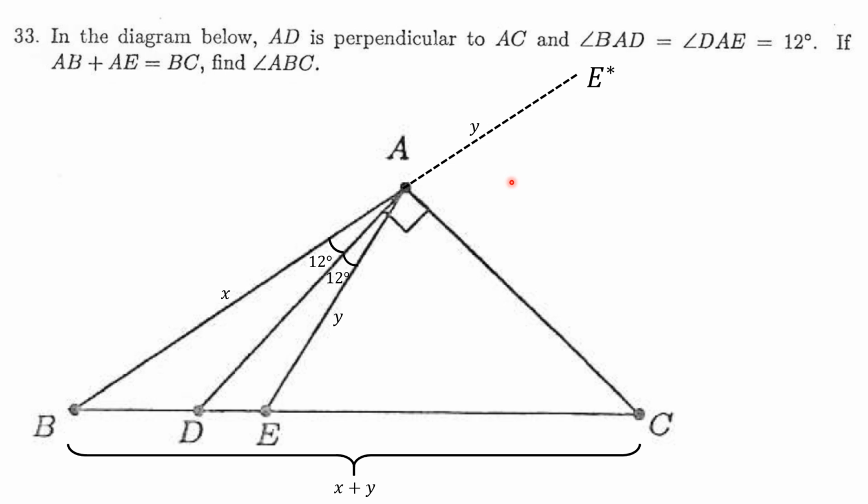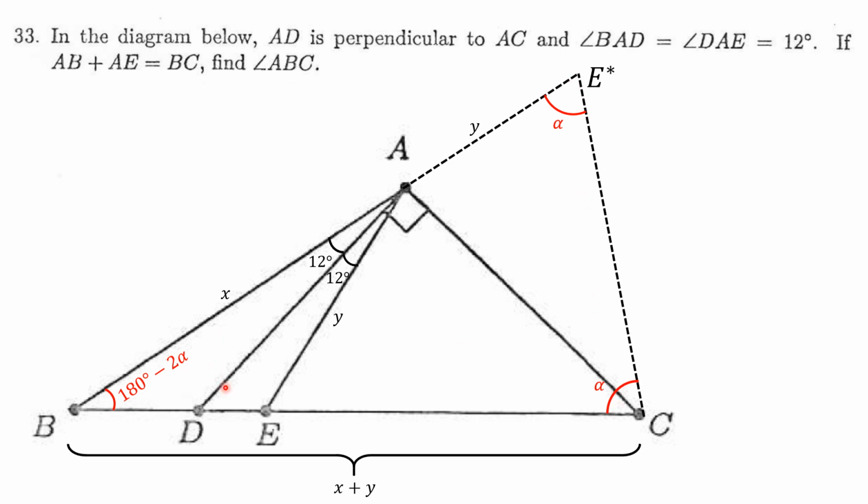Why did I do this? Well, I did this because if I connect this E prime with C, I have an isosceles triangle. So if I have an isosceles triangle, I have two angles being equal to each other. So this angle, the angle ABC, then is 180 minus the sum of these angles, which is 2 alpha, right?